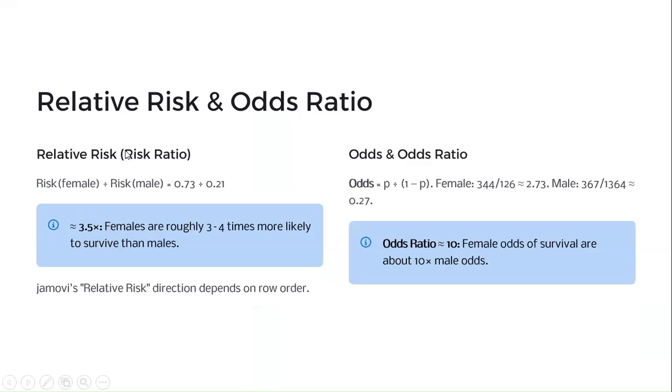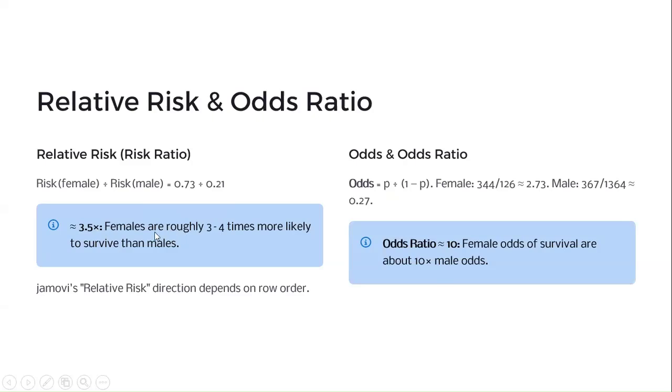The relative risk, or risk ratio, compares the probability of survival between the two groups. We divide the female survival risk by the male survival risk. With our numbers, females have a survival probability around 0.73 and males around 0.21. So the relative risk is roughly 3.4 to 4.